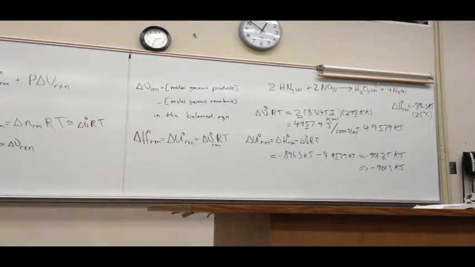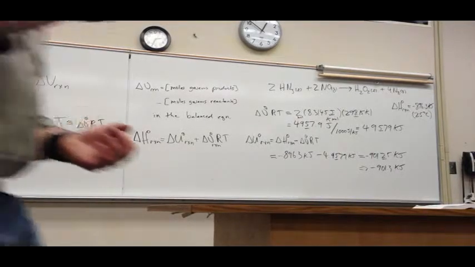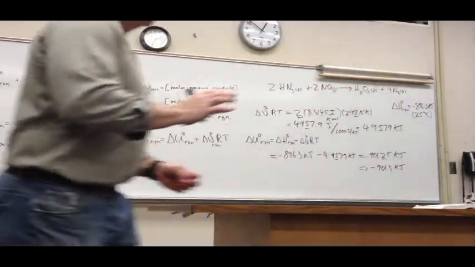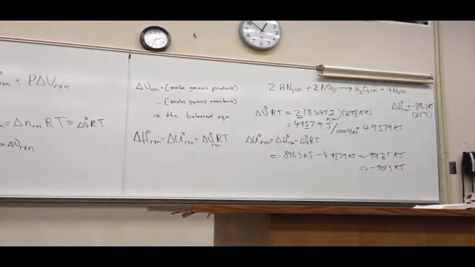How does something expand? What's that? Well, that's one way to make it expand. But when it expands, it has to do work on the surroundings. The pressure is constant, right? So this is that movable piston kind of picture.